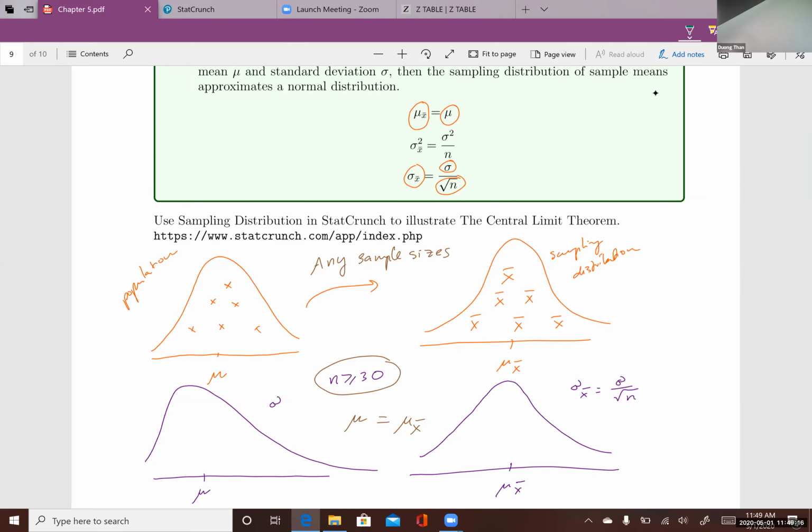But if the distribution of the population is skewed right, skewed left, or non-normal, and the size of the samples is less than 30, then the sampling distribution is not going to be normal.